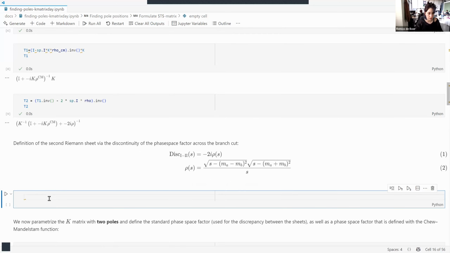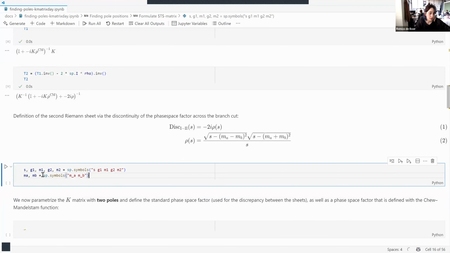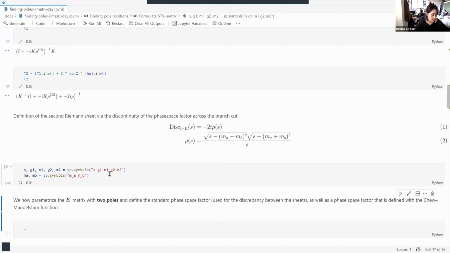So I will define a few symbols in SymPy. So here I'm defining s, the center of mass energy, the couplings g1 and g2, and the masses for resonances m1 and m2, and also our final state masses m_a and m_b. So symbols defined, cool. Now, what I'm going to do is to explicitly define my K-matrix elements.